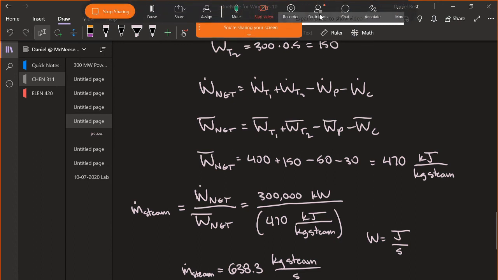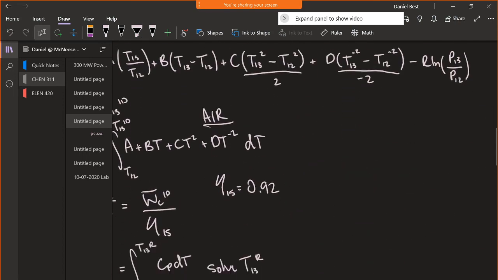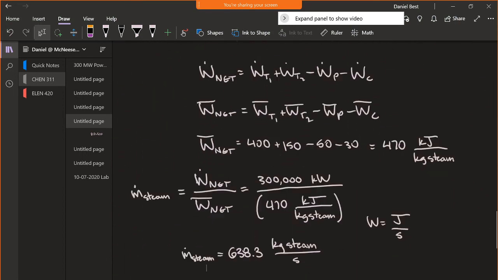Actually, you can go around the whole system and use your heat exchangers to scale up or to find the other masses or moles that you would need to solve the whole process for how much each flow rate is across the whole system. Are there any questions on what I've done?